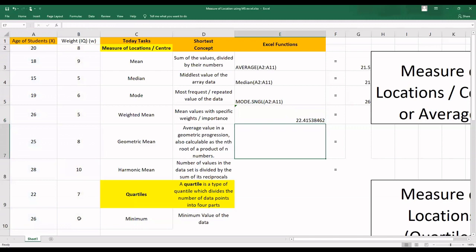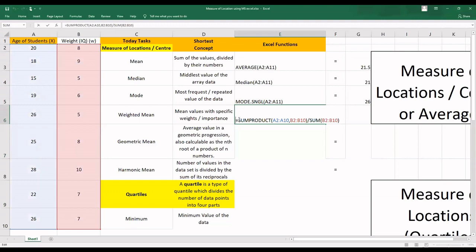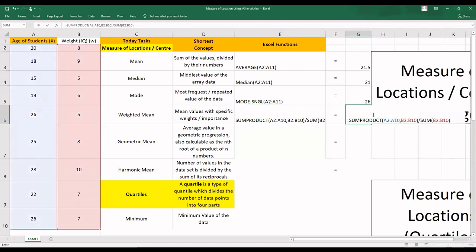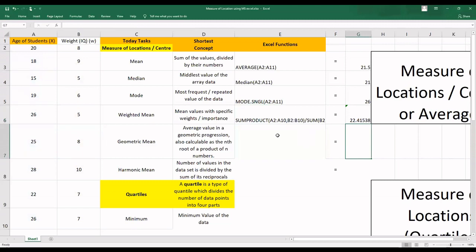Then you press enter and we get the weighted mean of age with respect to IQ levels. Again you can use this one, and I'm using it to display the answer. Okay, very good. Finally, just enter it and you will get the same answer.